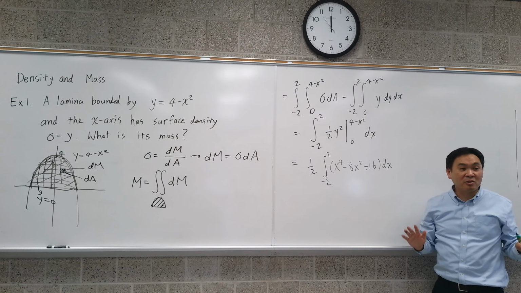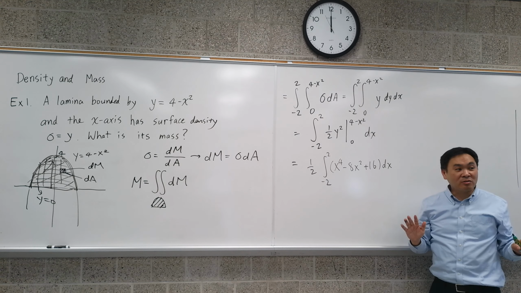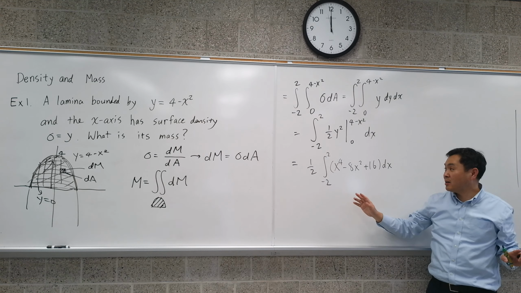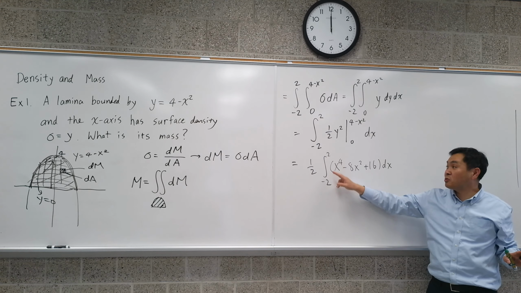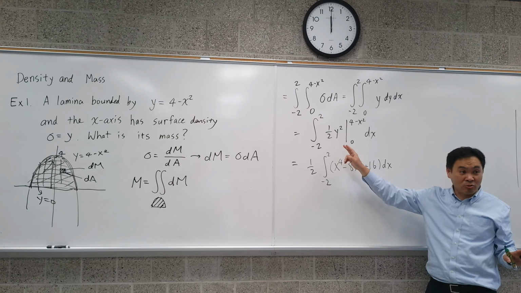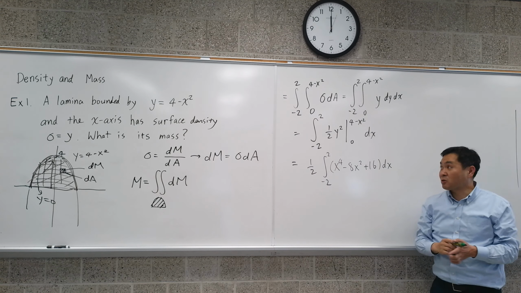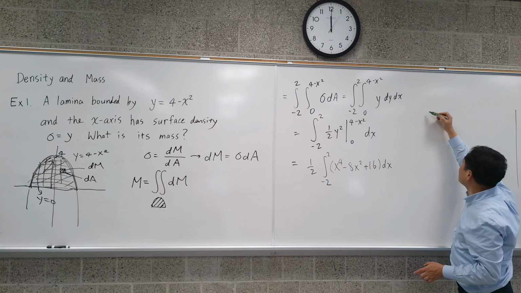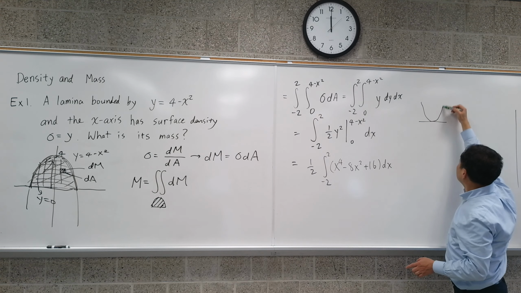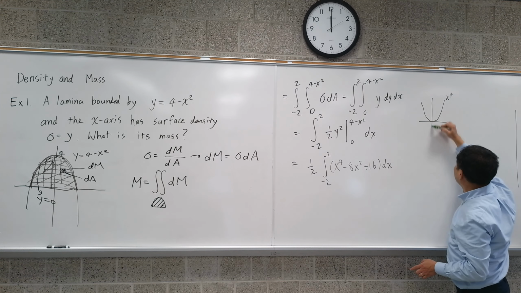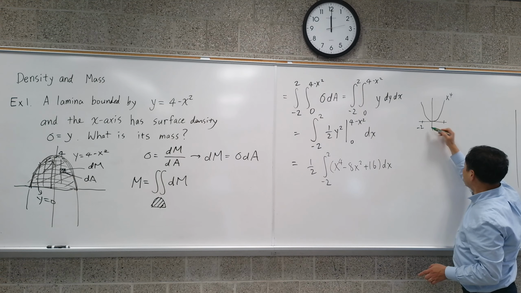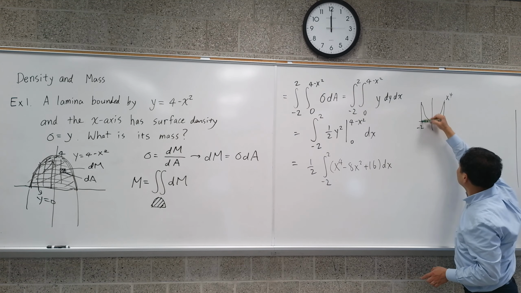Why is that important? That's because you can save time on calculation by only integrating from 0 to 2 rather than negative 2 to 2, but doubling that result. So for example, here's the x to the 4th graph, and you wanted to integrate from negative 2 to 2.